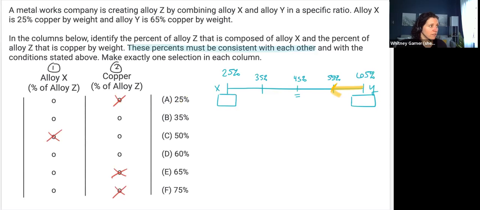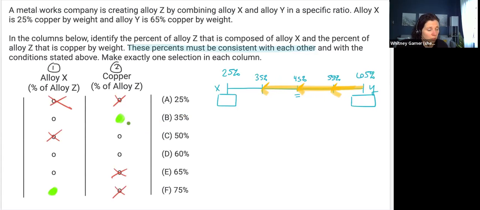So I can't have 25% of alloy X. And I know I don't have 50% of alloy X. So let's see what would happen if I had 75% of alloy X. If I had 75% of alloy X, I would have 35% copper, and it turns out that I do, in fact, have those numbers. So if I had 75% X, I'd have 35% copper.